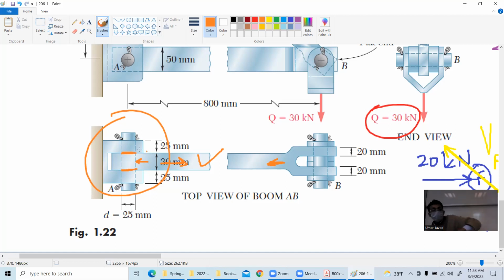But then one of the students said, why aren't we concerned with this bar putting a load directly on this pin? So it's contact. That's the bearing stress we are talking about. It makes sense? When does the bearing stress fail? Once I calculate the bearing stress, I will get a value.